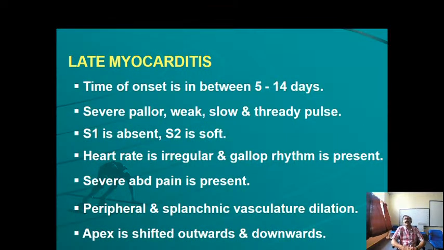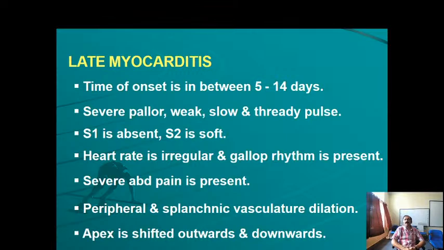Late myocarditis occurs when the onset is 5 to 14 days, with severe pallor, weak, slow and steady pulse. S1 is absent, S2 is soft. That's what we see in myocarditis. The heart rate is irregular and a gallop rhythm is present, and this may be accompanied by severe abdominal pain. Peripheral vasculature may have dilatation.